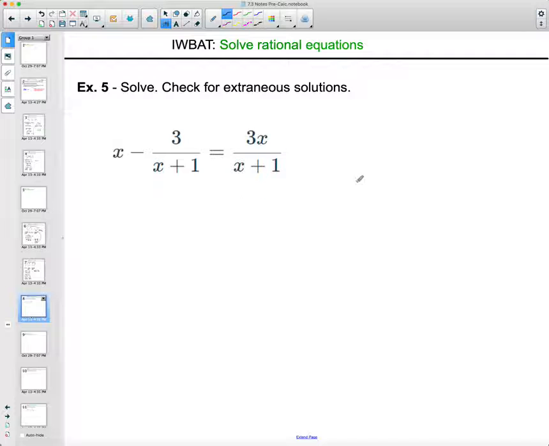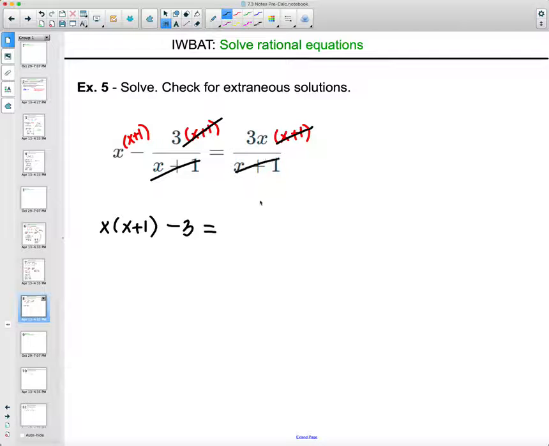One more example. We see x plus 1 on the bottom here, so we're going to multiply every piece of this times x plus 1. I'll multiply the x plus 1 into each of these terms. We have x times x plus 1. The x plus 1s cancel to 1 here, so we just have the negative 3.